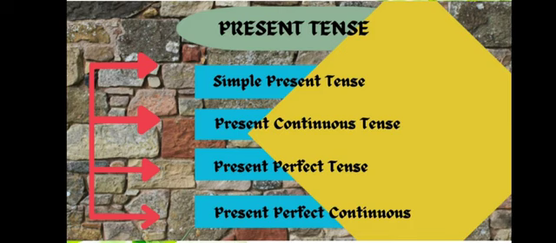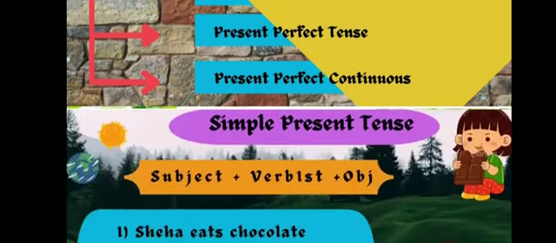The first one is simple present tense, and repeat with me, the second one is present continuous tense, the third one is present perfect tense, and the fourth one is present perfect continuous tense. We will get to know each one of them one by one.